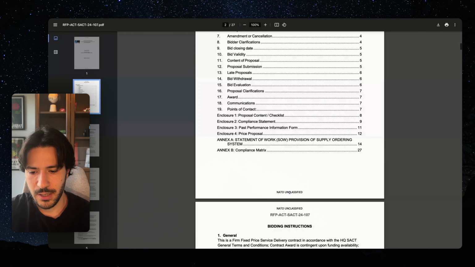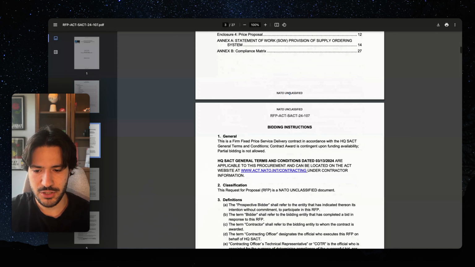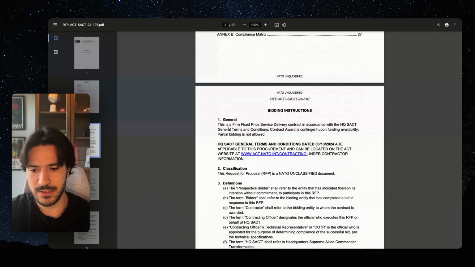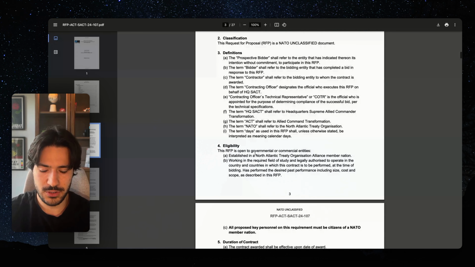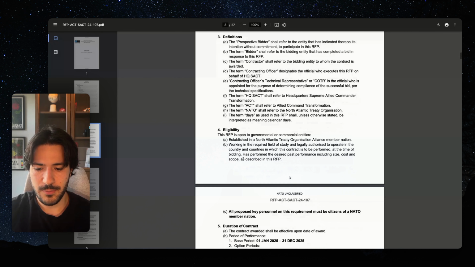So what I'm going to do right now is, we have a general feeling of what this contract is. We know it's a firm fixed price. We know what it's for. We're going to skip the definitions and go directly to eligibility. We want to make sure that our business is eligible. They have three main components for eligibility, which is being established in a NATO alliance member nation.